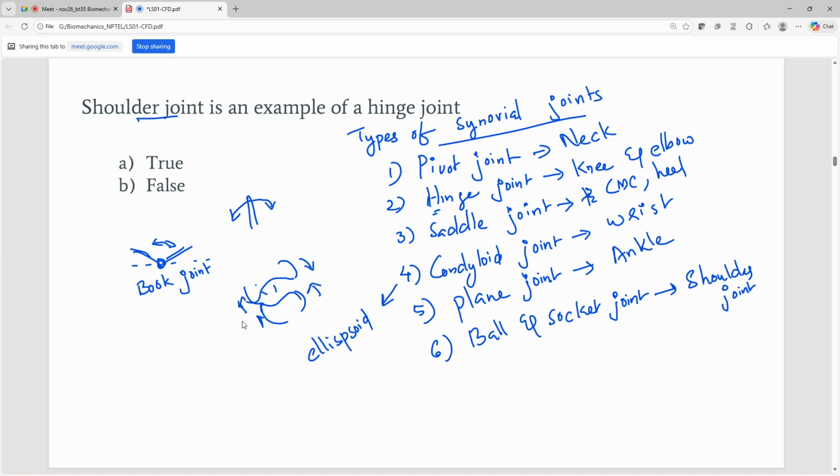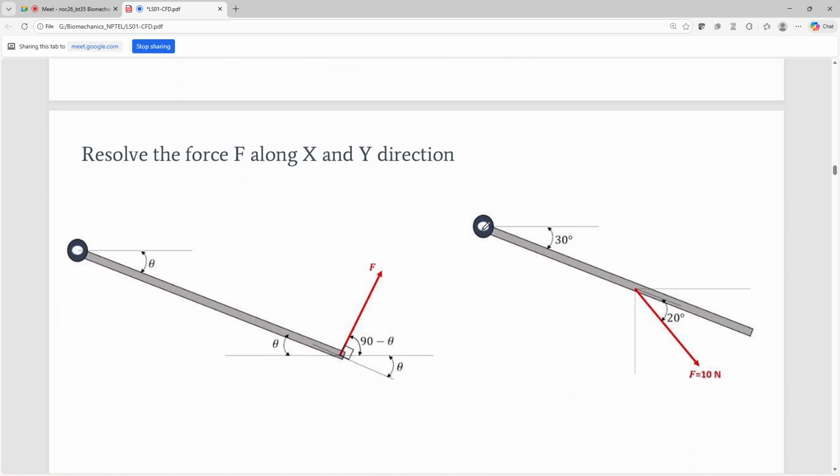Ankle is a plane joint. Our leg is coming down like this, and this is our foot, and it can rotate in these ways. So in a planar motion, that's why it's called plane joint. So these are the main synovial joints in our body, and shoulder joint is a ball and socket joint, not a hinge joint. Moving on to the next question.